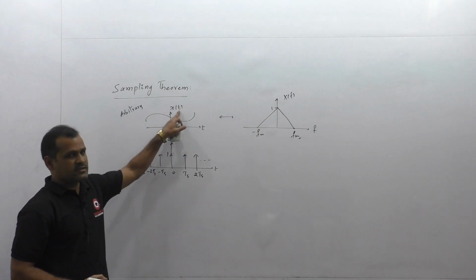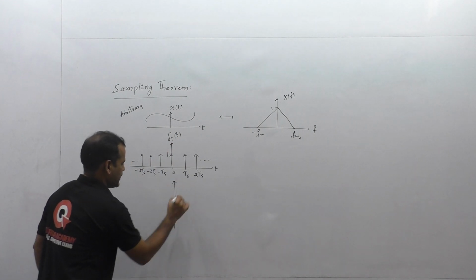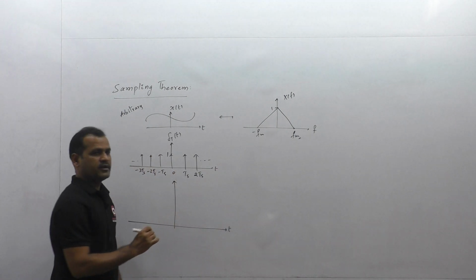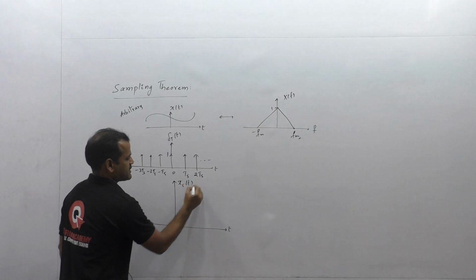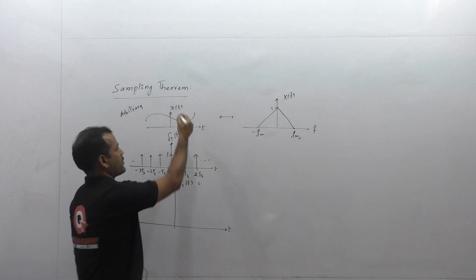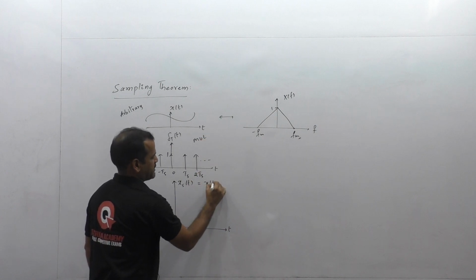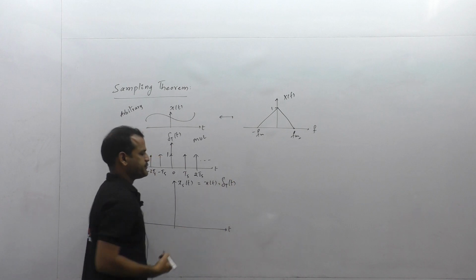So after multiplying this x of t with the delta train, the signal we get as the result of multiplication of these two in time domain, let us take this one as the sampled signal xs of t, which is the multiplication of x of t with this delta Ts of t.